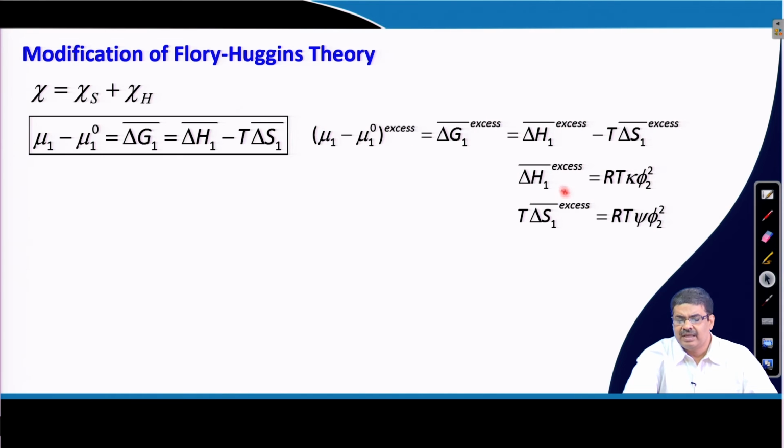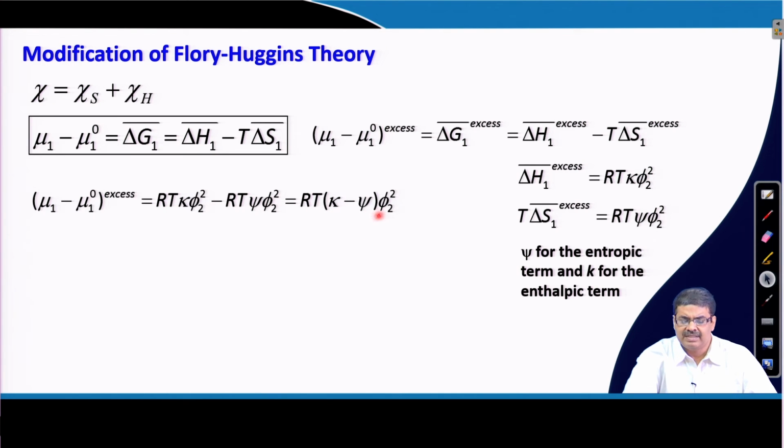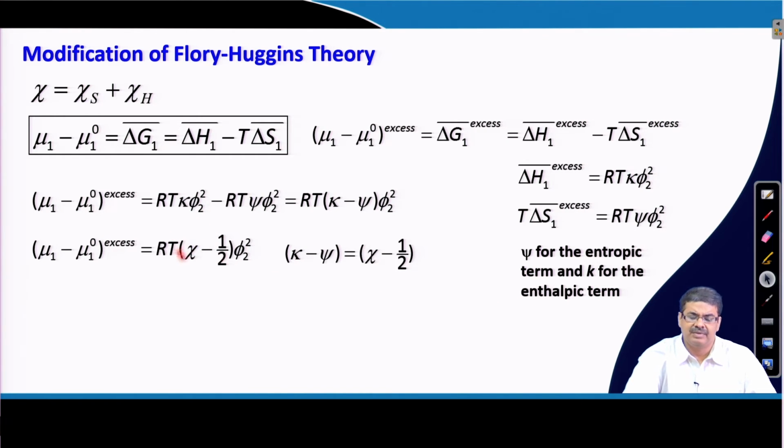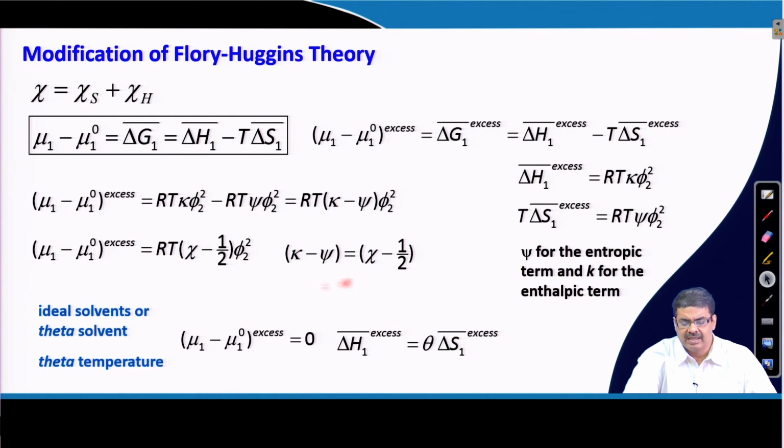Now, if we replace this term with these new terms, we get this expression where psi is the entropic term and kappa is the enthalpic term, and if we compare with our original Flory-Huggins equation, we can equate kappa minus psi equal to chi minus half.